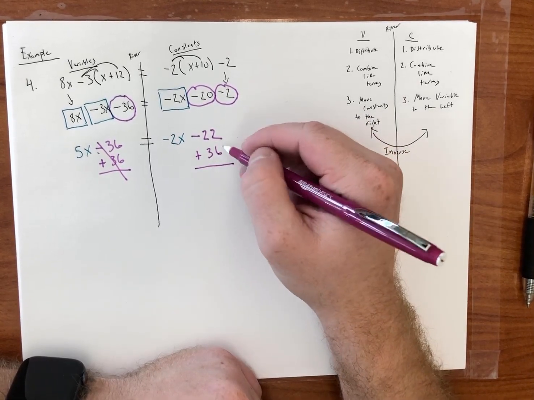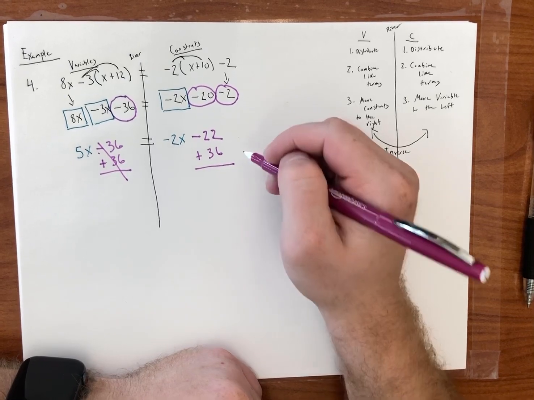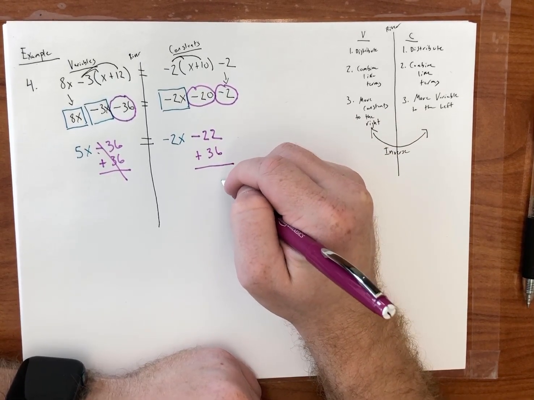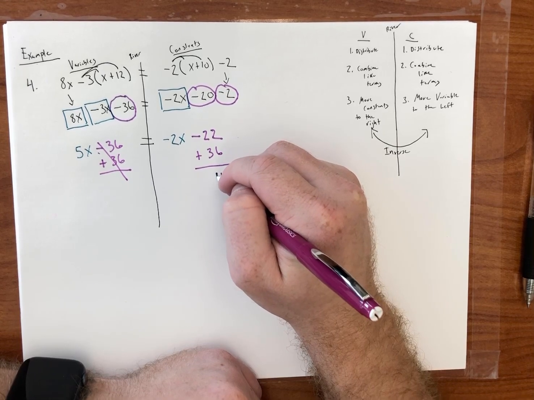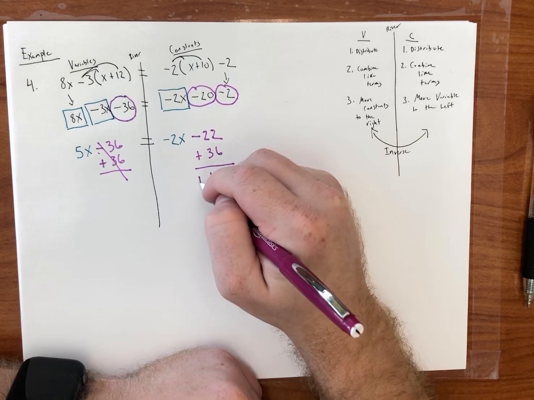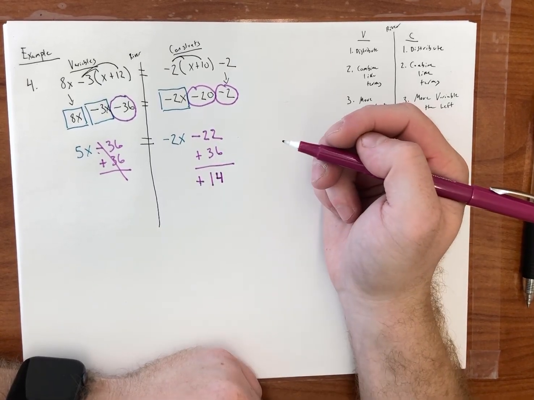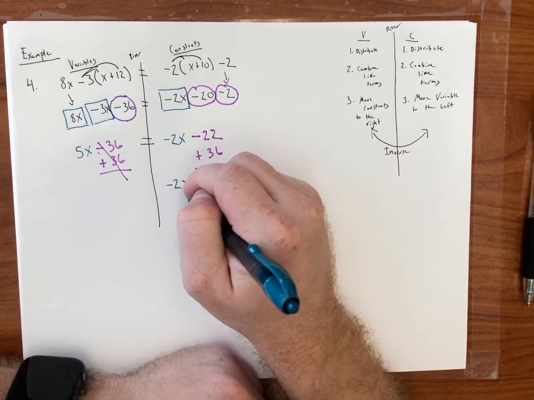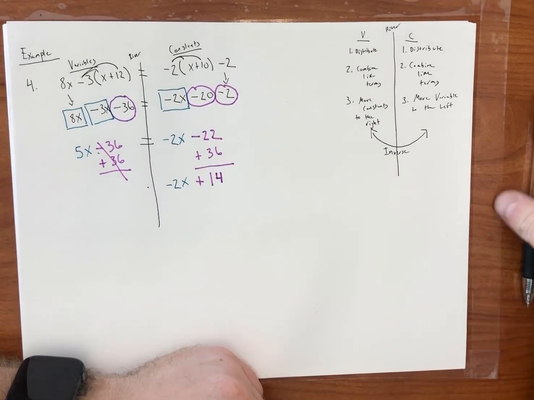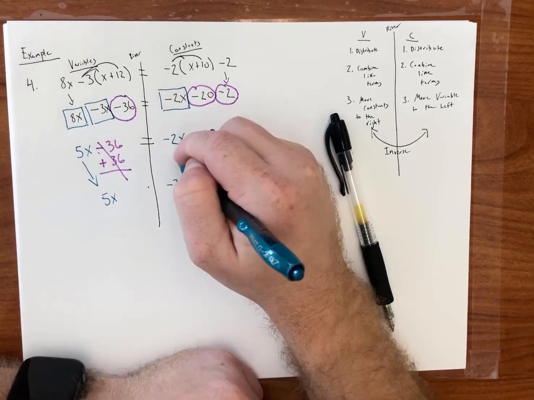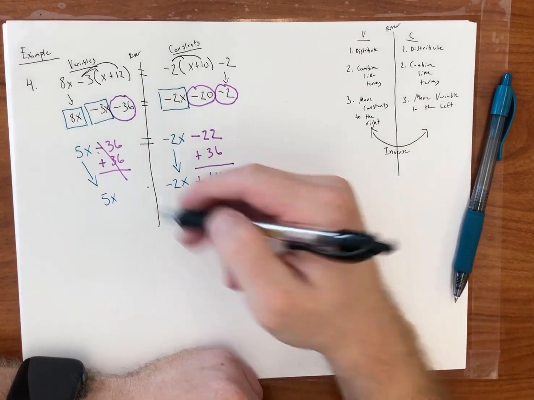So if I had 22 negatives and I'm putting 36 positives to it, I'm going to get 14. Remember, my bigger number is positive, so it's plus 14. And then now I just bring down the rest of the stuff. Minus 2x. And then my 5x. See, those came down.